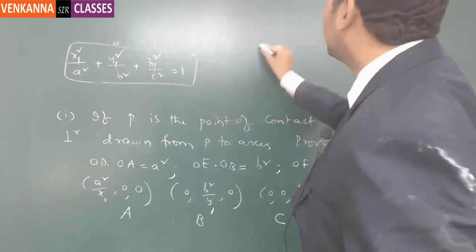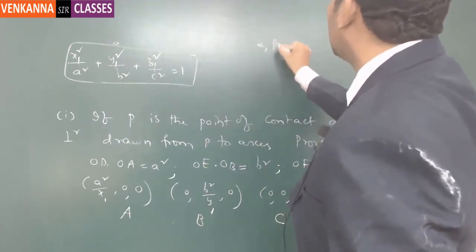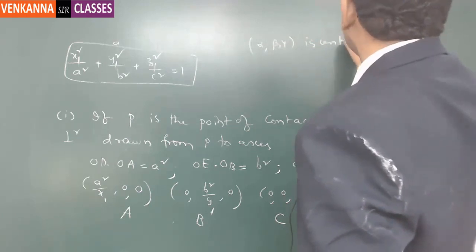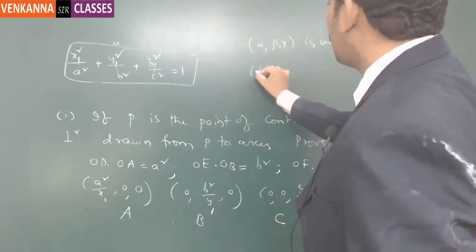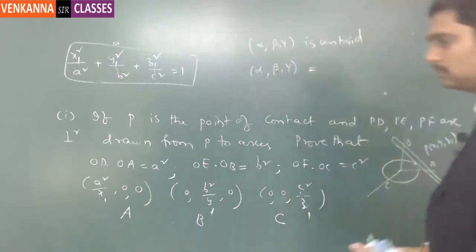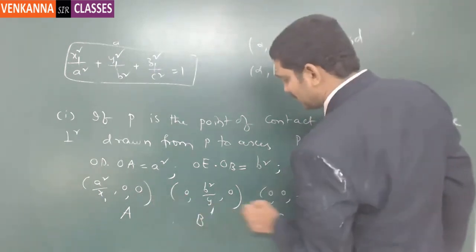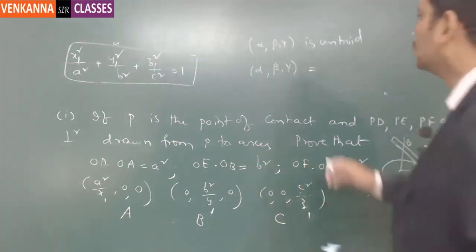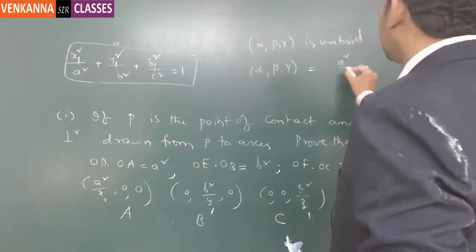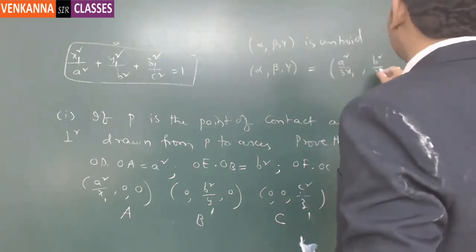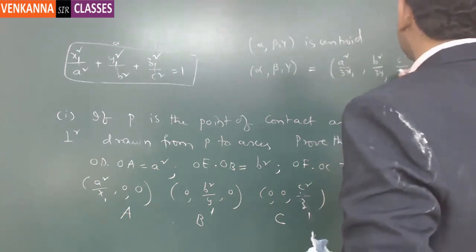So if alpha, beta, gamma is the centroid, then for the three vertices, if you apply the centroid formula, you will get alpha, beta, gamma equals a square by 3x1, b square by 3y1, c square by 3z1.